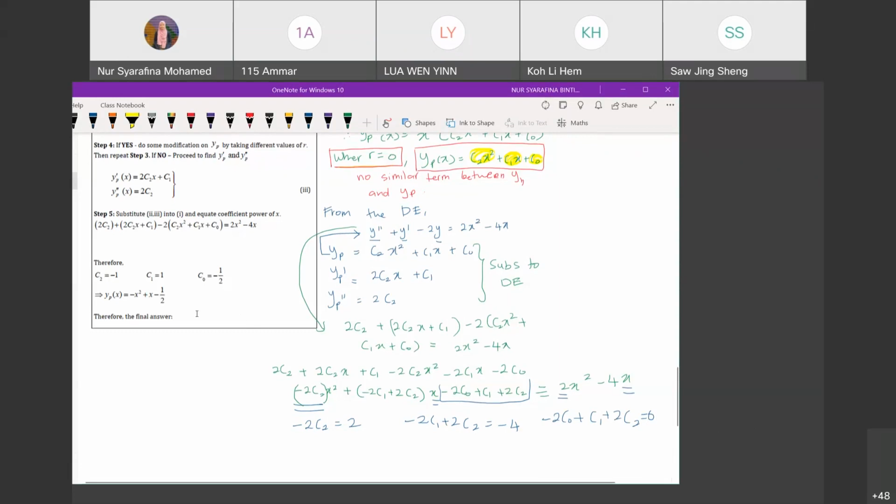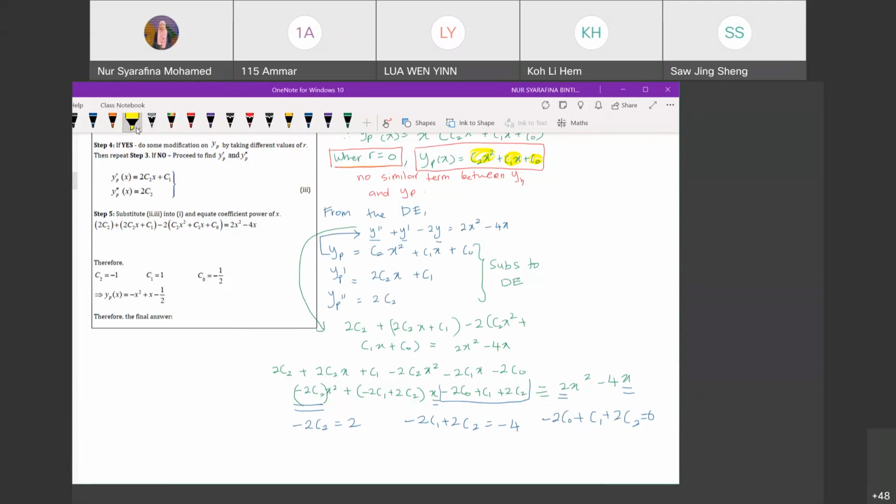Where your c0, c1, and c2 there is given. Quite long process, but it is doable. Okay. So this is your solution.